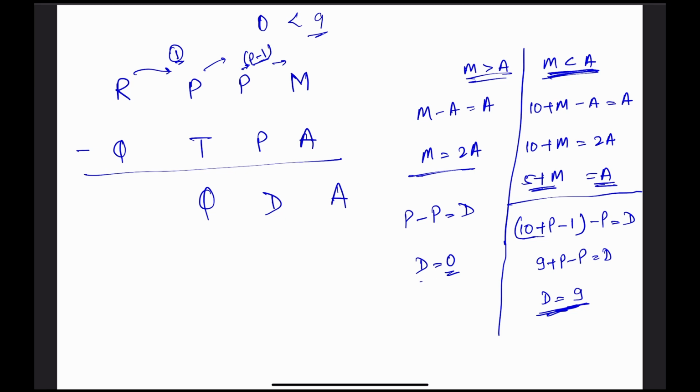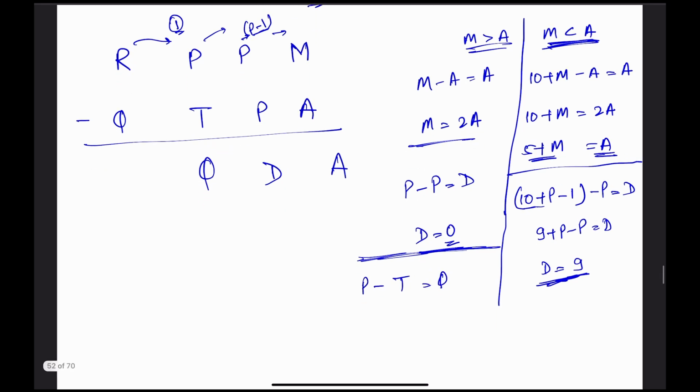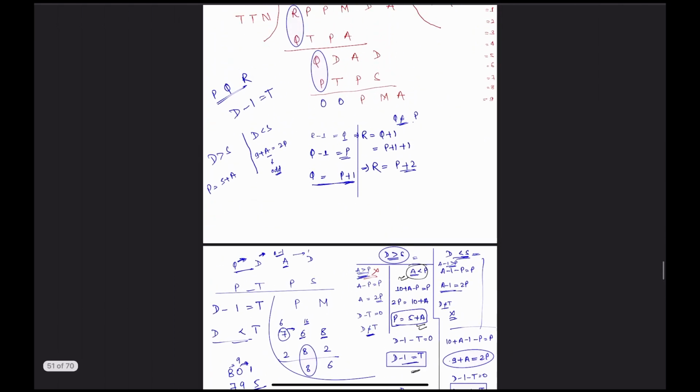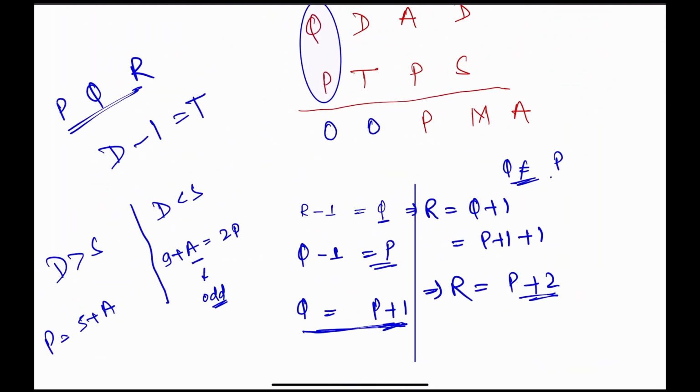So if I go with this value, said that there is no transaction at all, no carry, nothing. In this condition P minus T is equal to Q. And we have already said that P Q R are successive numbers.